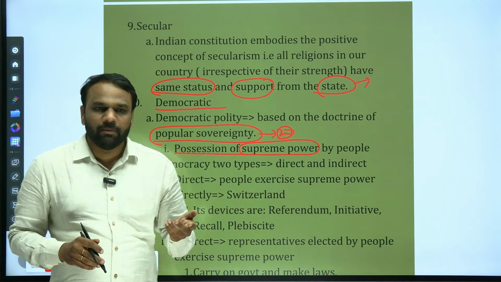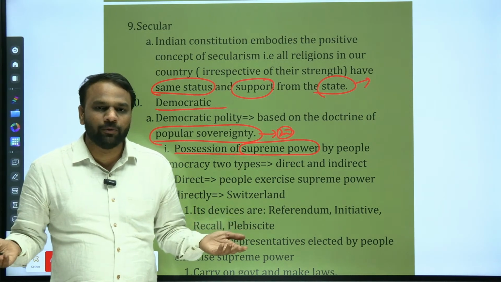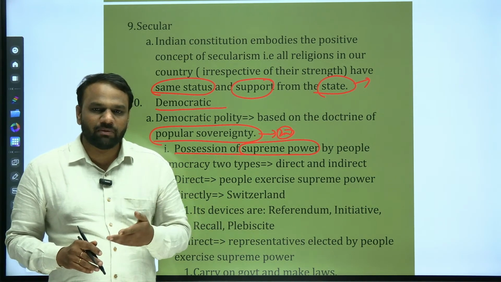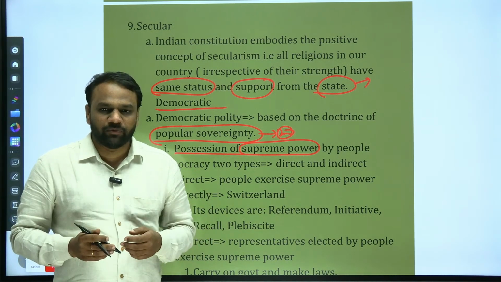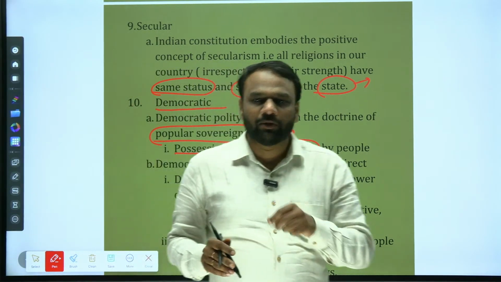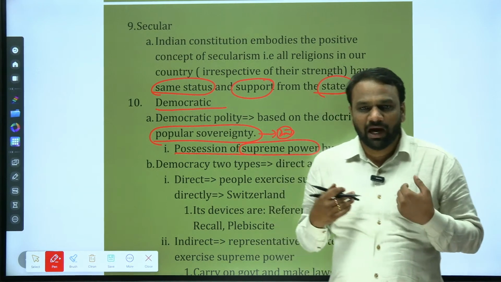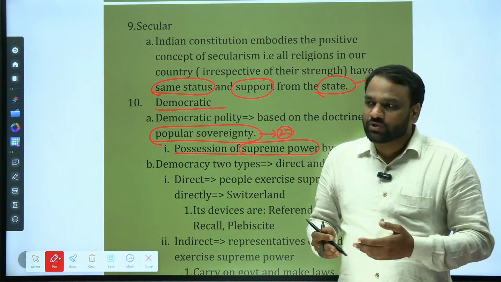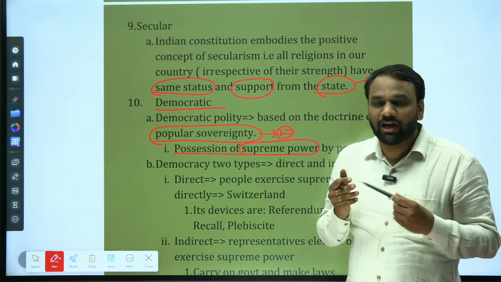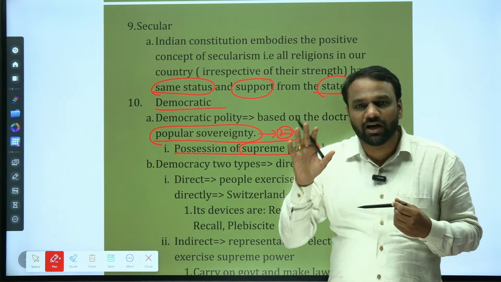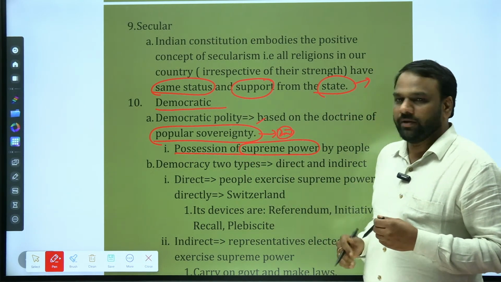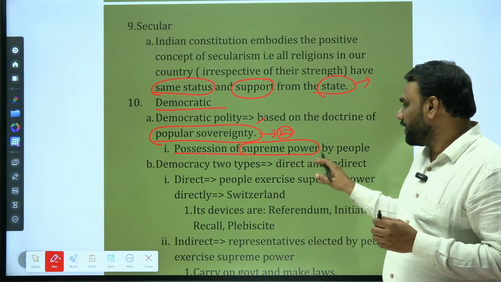Later on we will see that all the laws of this country are made by Lok Sabha and Rajya Sabha members. Who are they? They are the representatives of the people. As 130 crore people cannot sit and discuss at a particular place, on our behalf we have sent our representatives. Our representatives make laws for us, so it means we are making laws for ourselves. So who is the superpower here? The people of this country. So popular sovereignty: the possession of supreme power by the people.